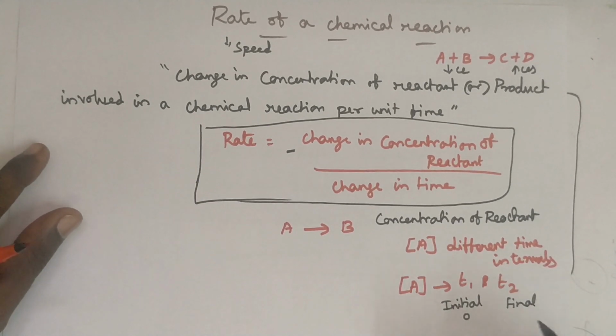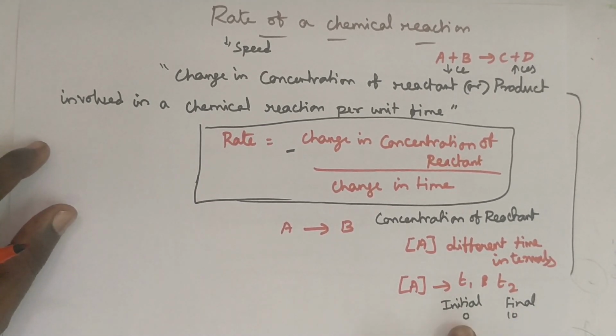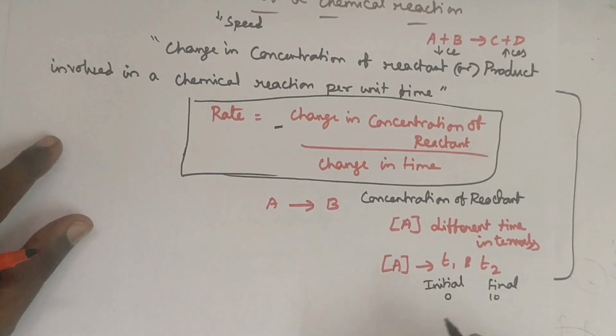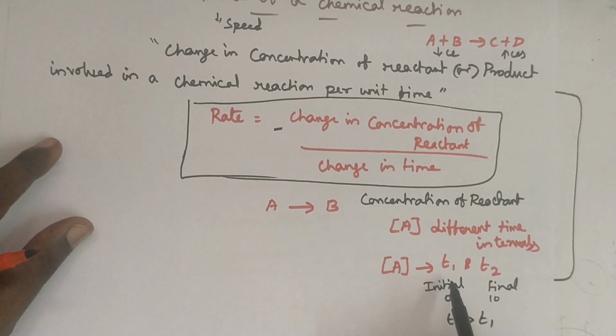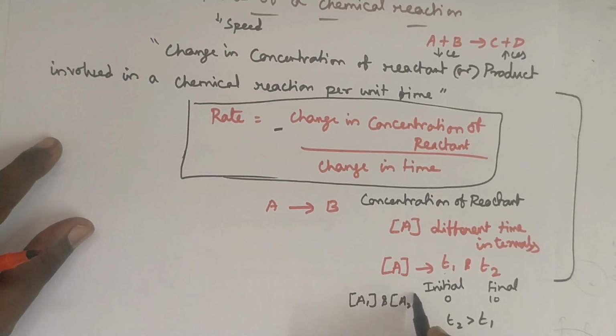After completion you take, suppose for example, 10 minutes. So final is always greater than initial. So T2 is always greater than T1. So we consider two time intervals T1 and T2. So concentration is also considered as A1 and A2.